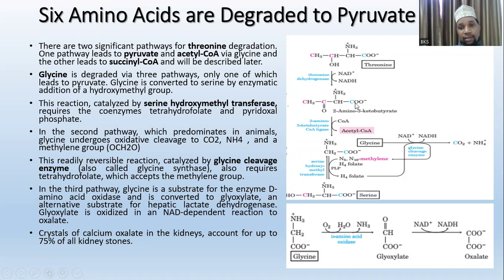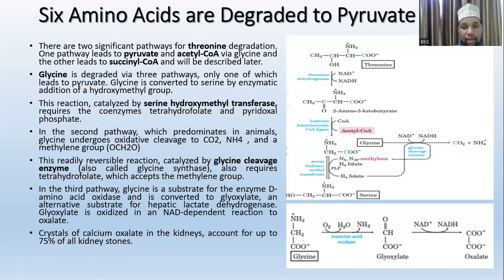Remember, glycine is the only amino acid that has a hydrogen as a side chain. So this side chain is hydrogen. So this is the glycine. So how is the glycine now converted to pyruvate? There are 3 different pathways through which glycine is broken down, but only one out of these 3 leads to formation of pyruvate.